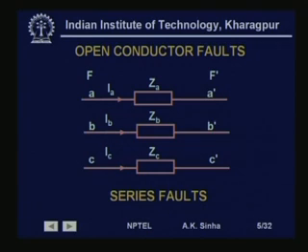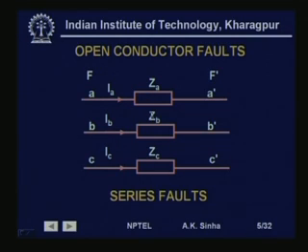Now, how do we simulate these open circuit faults? Well, if you see here, we have phase A, B and C. In these three phases, we have impedances ZA, ZB and ZC. Now, we are considering a fault occurs between these points F and F dash on two sides of these impedances.